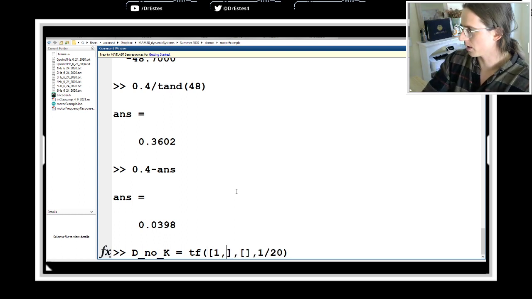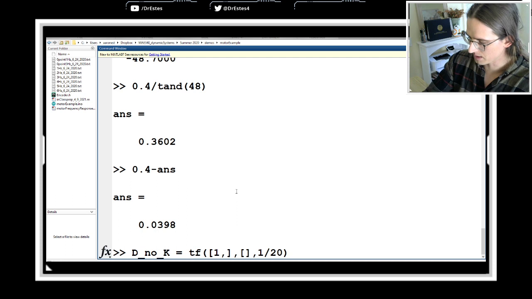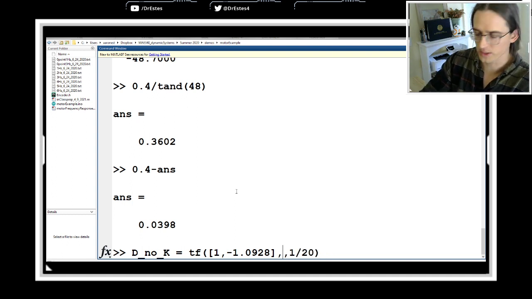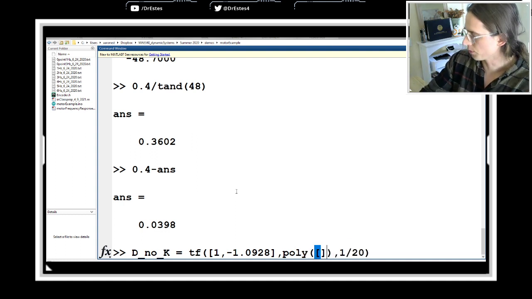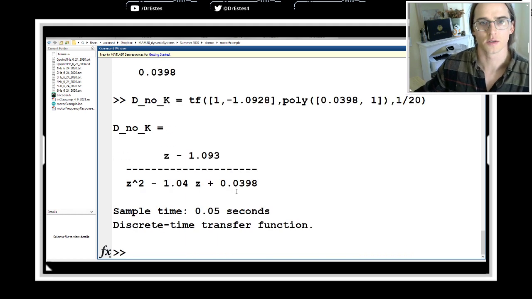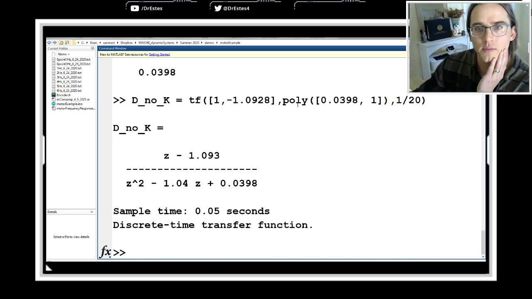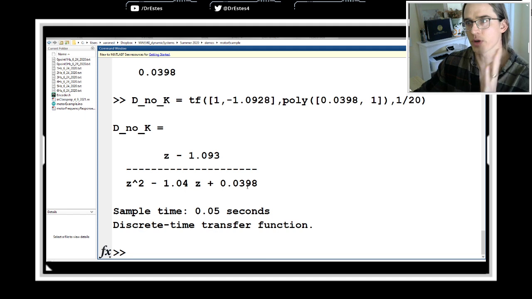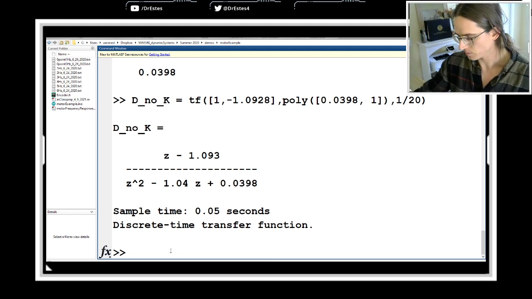Okay, so we're going to have z minus 1.0928, and then actually the quickest way to do this is to make a polynomial with roots at 0.0398, where one of my poles is, and the other pole is at 1. So this is D with no K. This is the transfer function that we made.